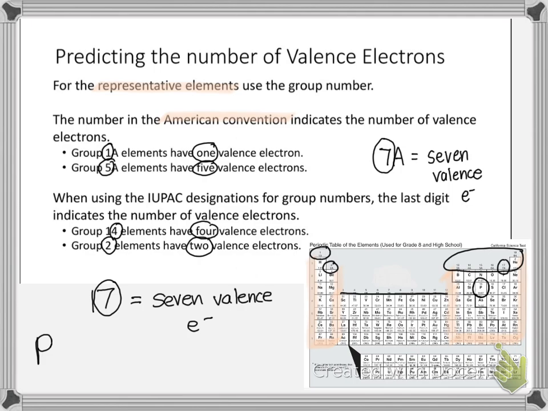So I look up at phosphorus, and it is in 15 or 5A. That's what group it's in. And so you could either look here or here, and it has 5 valence electrons. So that's all you would do. You wouldn't have to write it down, you would just look. Okay, now we'll keep going.